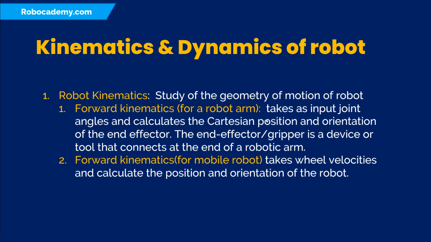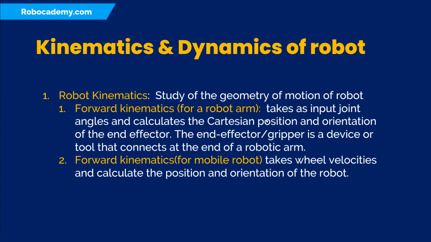In the case of a mobile robot, if we give the wheel velocities, the speed of the wheels, to the forward kinematics equation, imagine there are two wheels, left and right, it can compute the position and orientation of the robot.